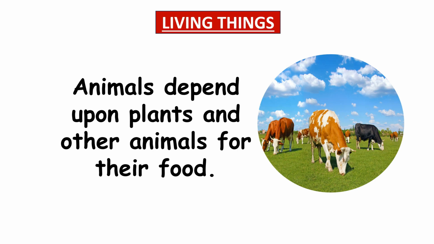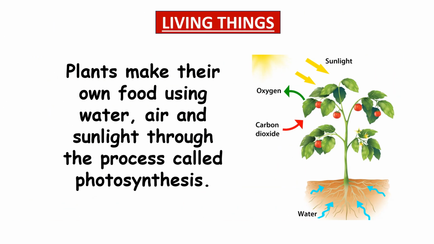Animals depend upon plants and other animals for their food. Plants make their own food using water, air, and sunlight through the process called photosynthesis.